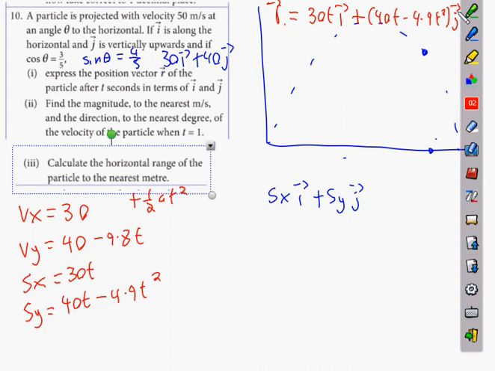So if I put in t equals 1, I'll get 30, and it'll be 40 minus 4.9, which will get me 30i plus, what's 40 minus 4.9? 35.1j. So it means after 1 second, I'm located 30 meters away along the ground, and I'm 35.1 meters in the air. That's how that formula works.